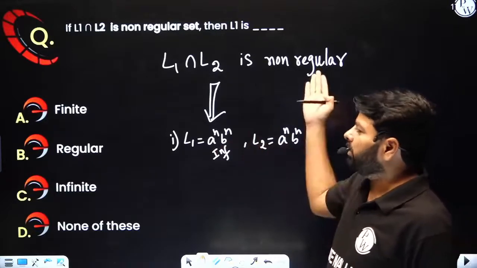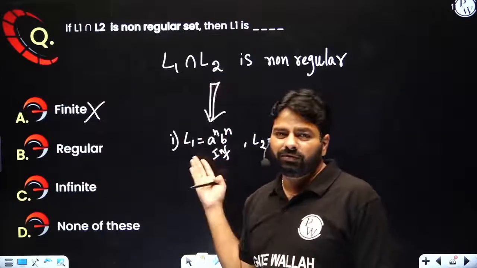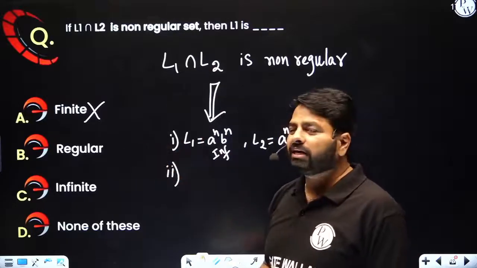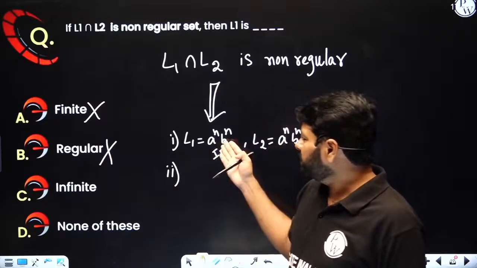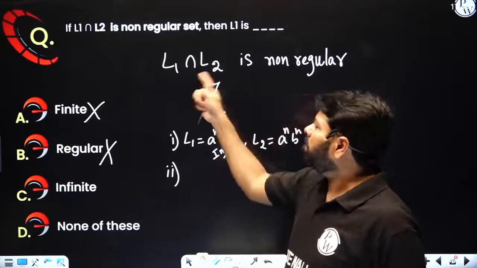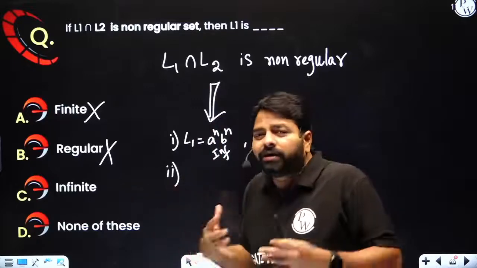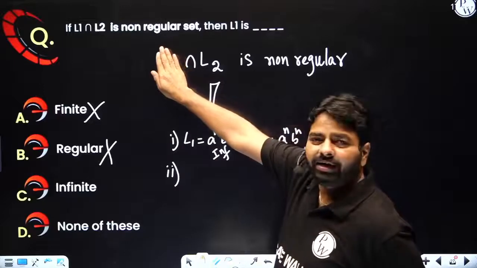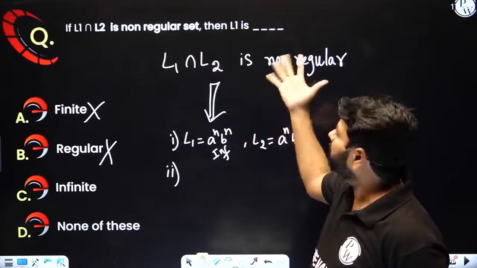Now the intersection is non-regular, so I can eliminate option A. Somebody saying always finite, you are disproving them by giving infinite. And somebody saying L1 is regular: this is non-regular, so we already disproved it. Now, if L1 is finite, is there any example where I can get a non-regular result? If you know that finite intersection L2 is finite, you can't get non-regular.